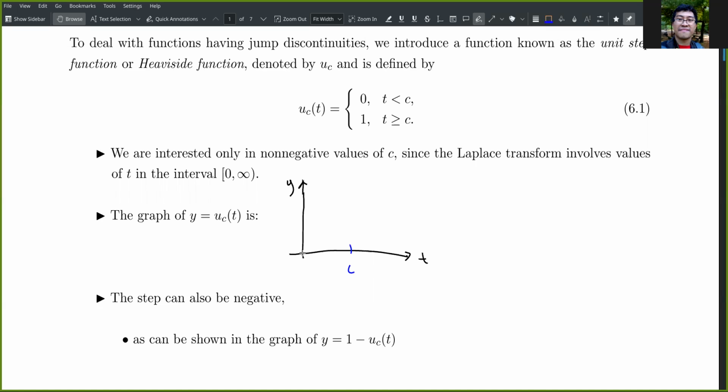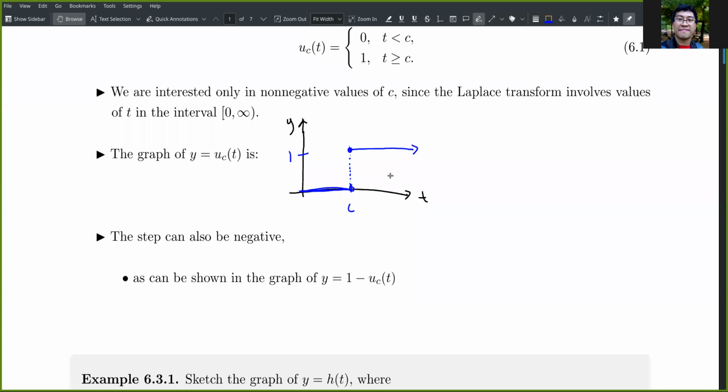For t less than c, it's starting from 0, so it's just this line along t. But at c, it jumps to a value 1. This doesn't include 1, but it jumps here and then extends towards infinity. So it's like a step function.